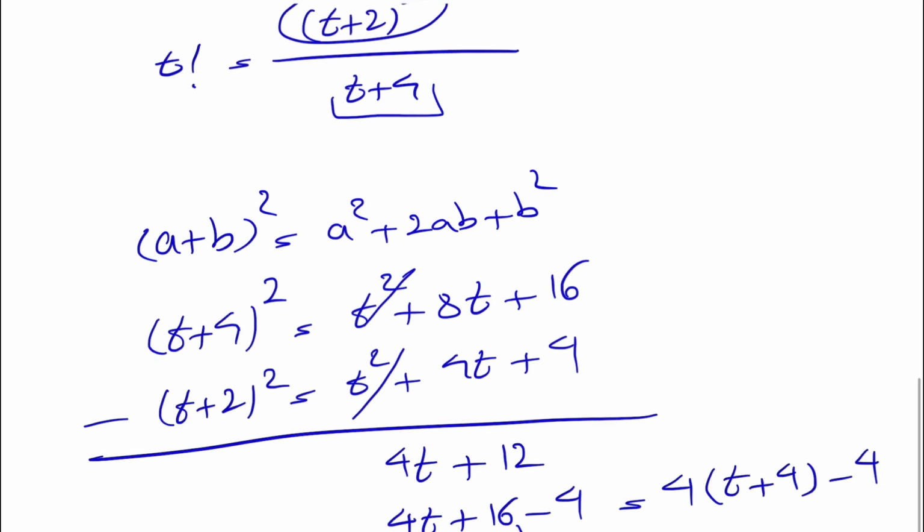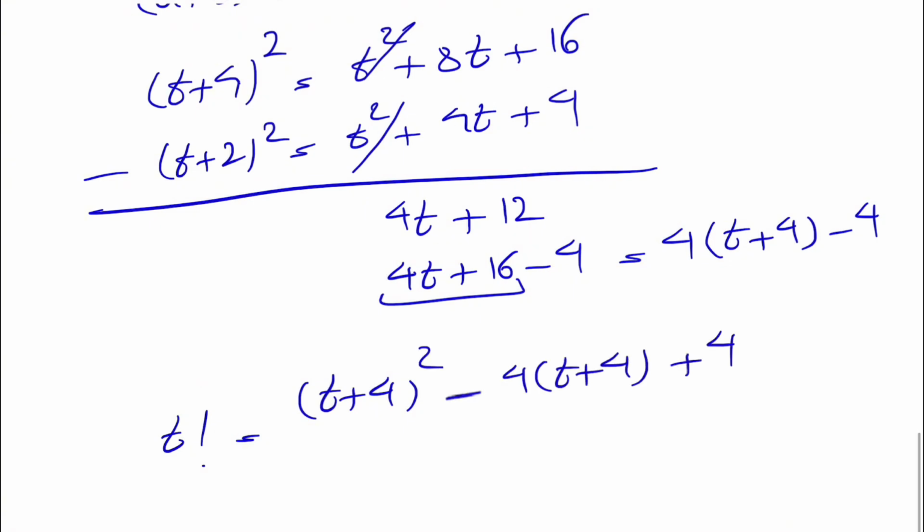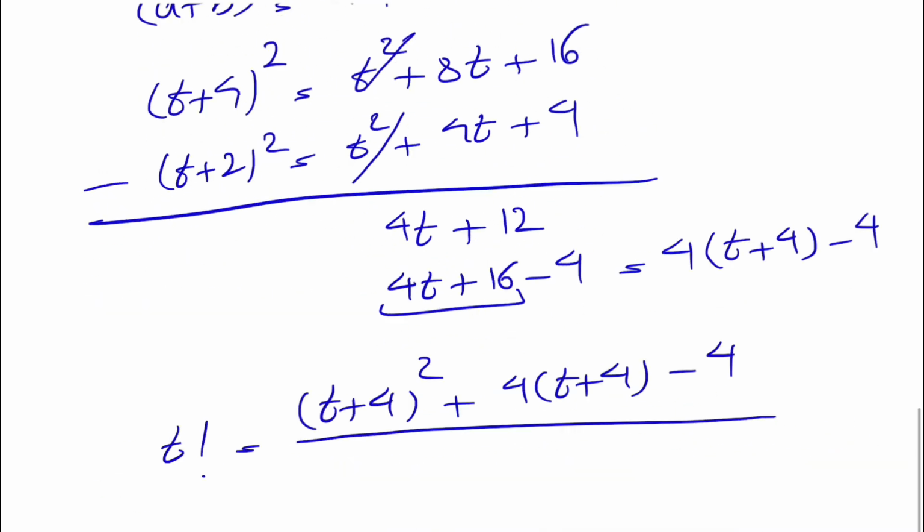So what we have in here was t factorial is equal to t plus 4 squared minus 4 times t plus 4 plus 4, and we have the same thing in our denominator, t plus 4.